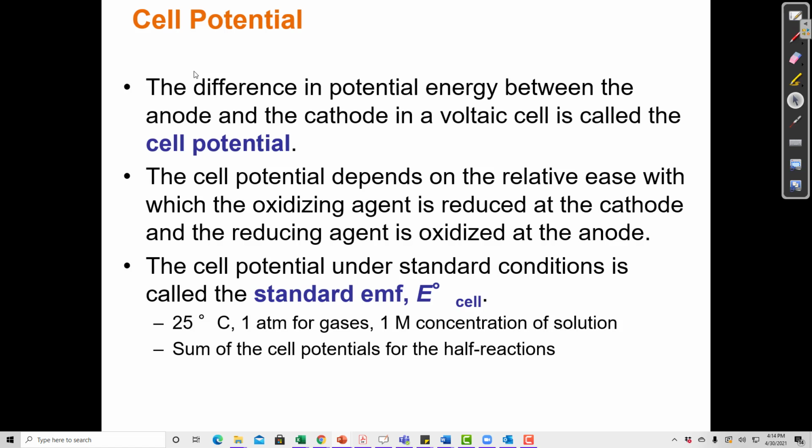So the cell potential, how steep that pipe is, what the voltage is going to be in this cell, depends on how easy it is to pull electrons away from the species that's going to be oxidized, and how strongly the species that's going to be reduced is pulling the electrons toward itself. So the voltage of an electrochemical cell is different depending on the thing that's going to be oxidized and the thing that's going to be reduced.